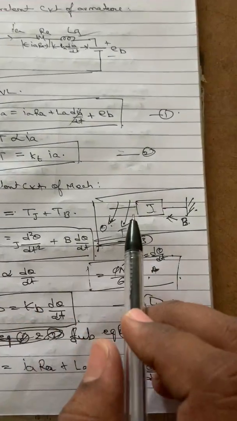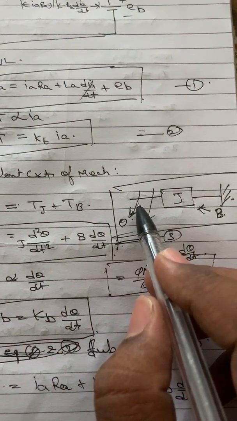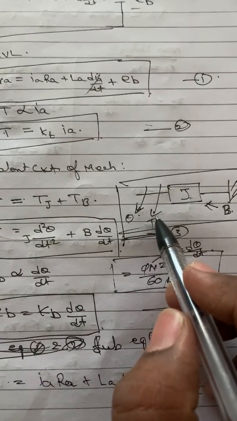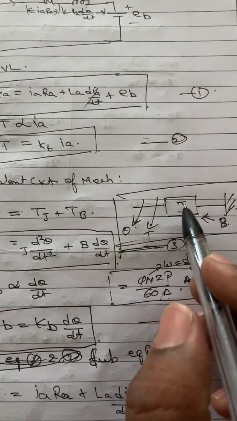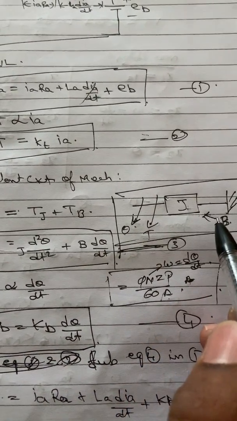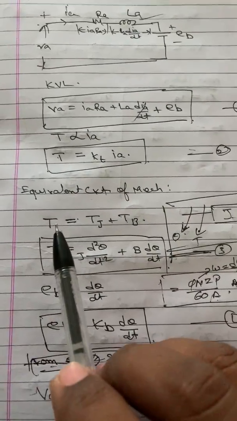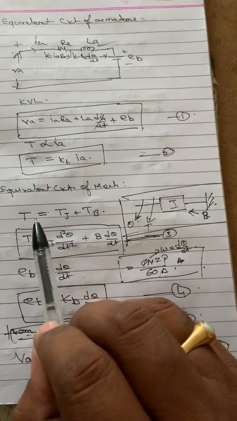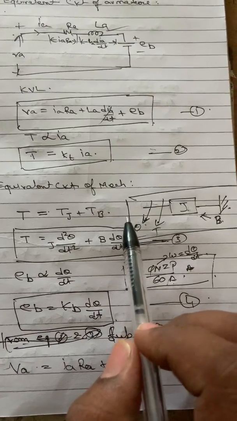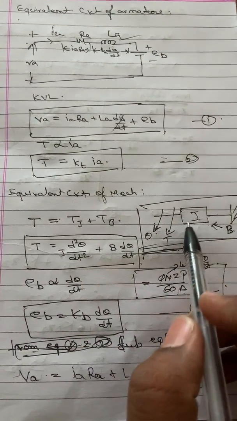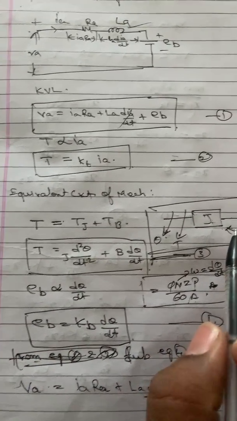Now coming to the mechanical part, the mechanical motor shaft. This is the motor shaft, which has an angular displacement theta, and the motor torque developed is T, connected to the external load, and the load has the moment of inertia J and viscous coefficient B. Now this is the mechanical circuit, and corresponding to it, the torque balance equation is written as: motor torque is equal to torque due to moment of inertia plus torque opposed by the viscous coefficient.